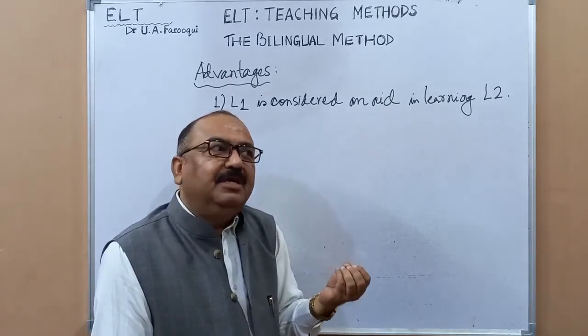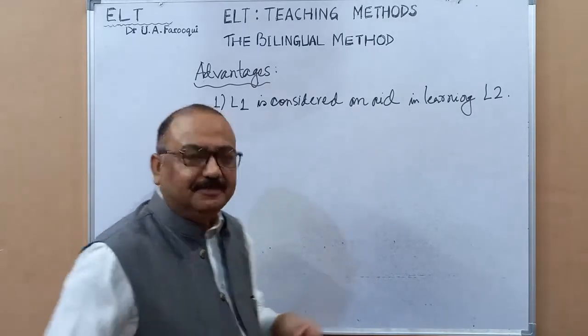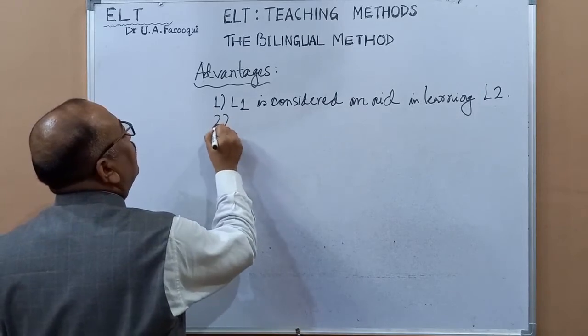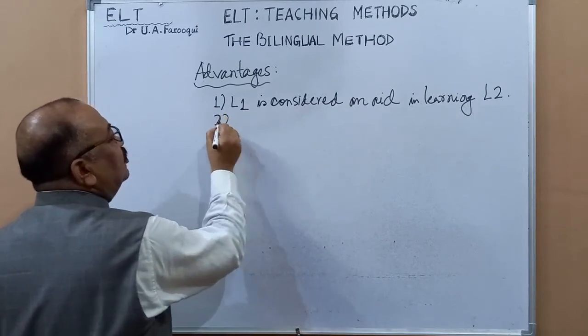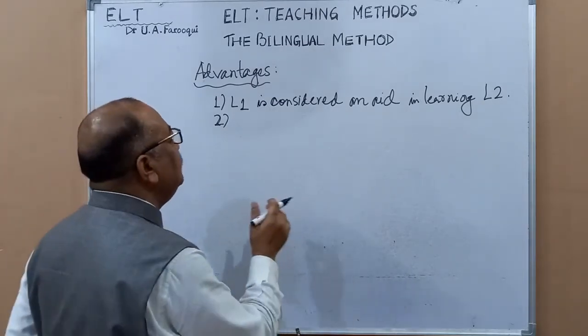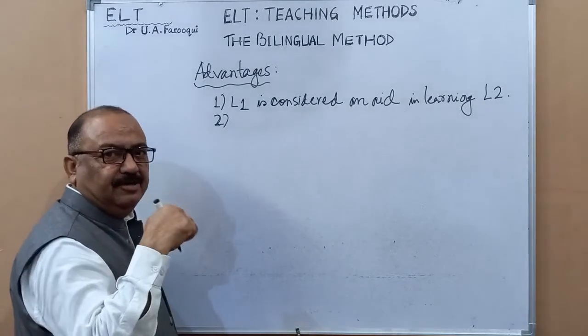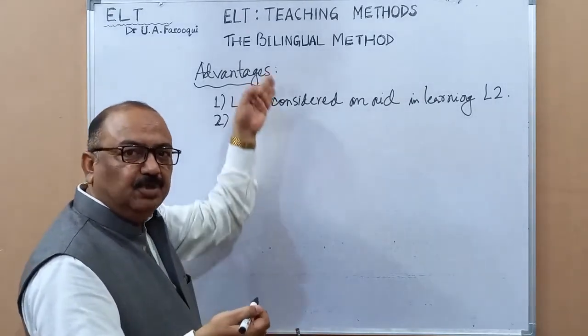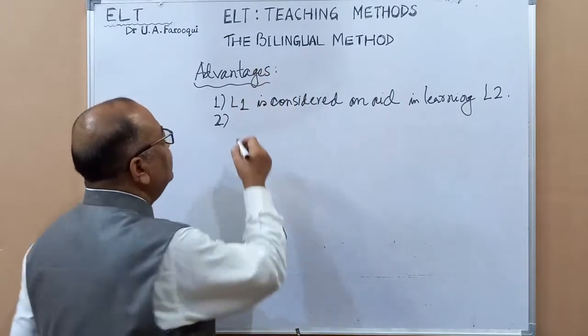So what do they become? They become functional bilinguals. This can be the second advantage. Students who are taught through the direct method right from the beginning do not become functional bilinguals, but students who are taught through the bilingual method become functional bilinguals.